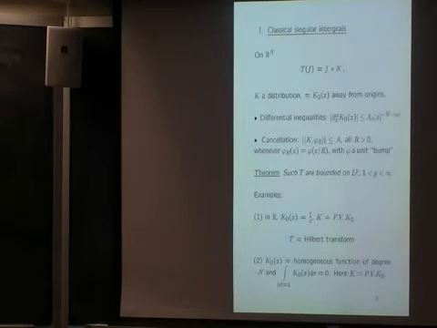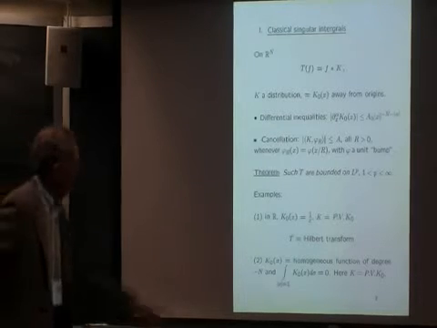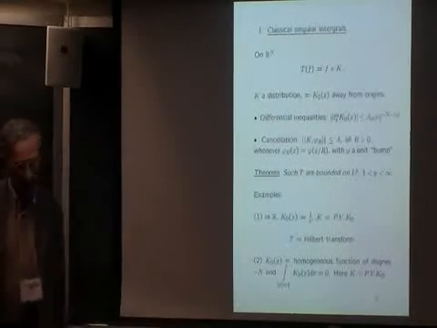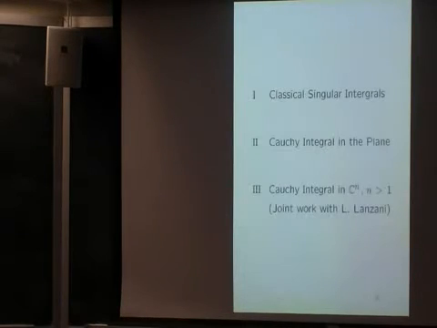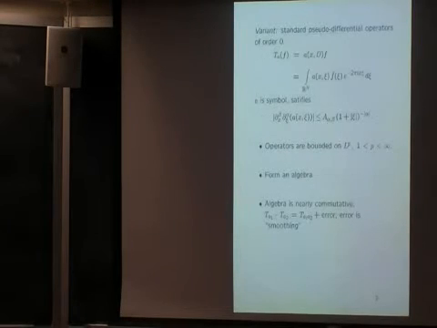All right, so those are examples, and of course the basic theorem that I want to focus on is the theorem that these operators are bounded on L^p, which of course goes back to the one-dimensional case by Marcel Riesz.